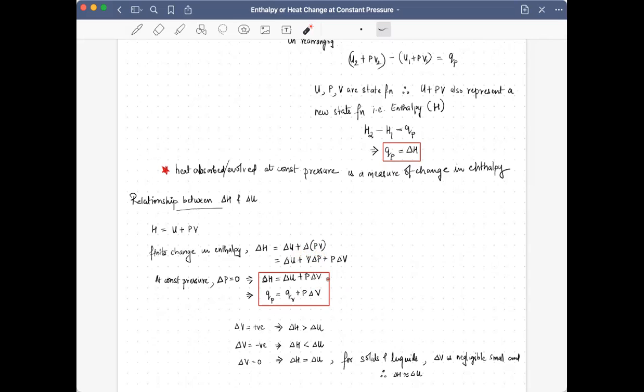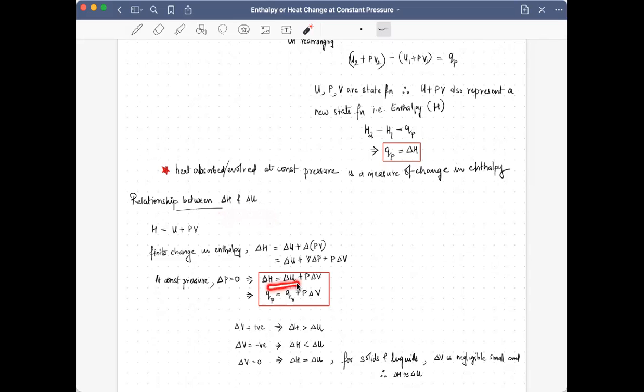This is an important relationship that is quite often asked in questions about the relationship between delta H and delta U, so you might be required to derive it in this format.